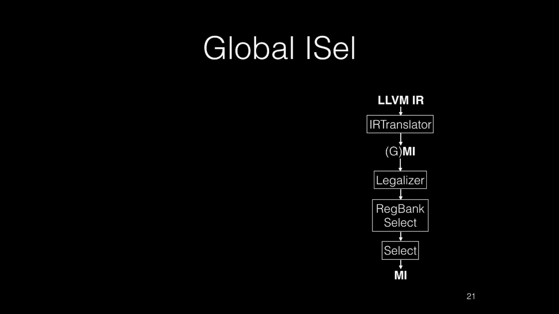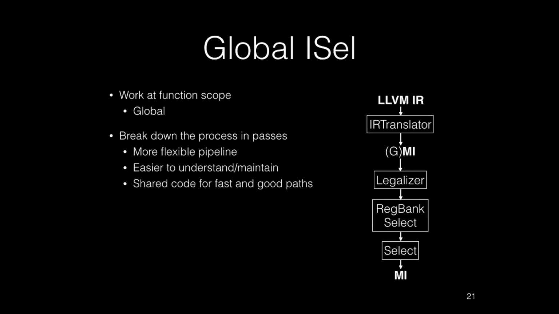So let's see how this framework achieves our goal. First, it works at the function scope. So it's global. Great, that's one. It breaks down the process into passes. So that means it's a more flexible pipeline. We believe it's easier to understand and maintain.